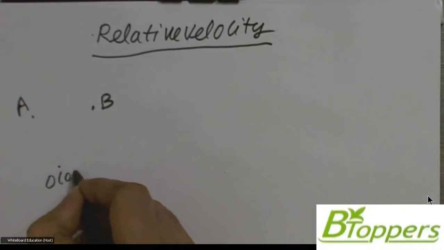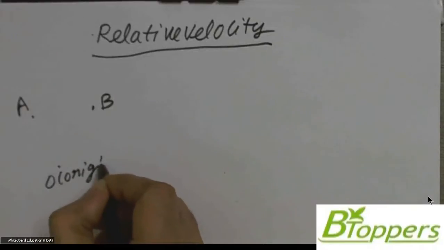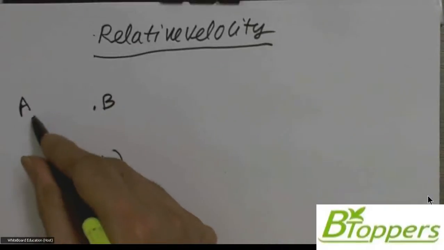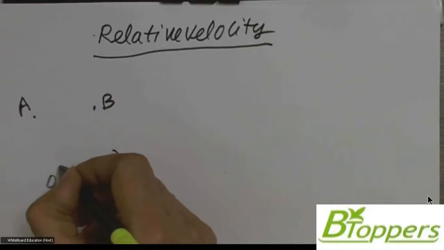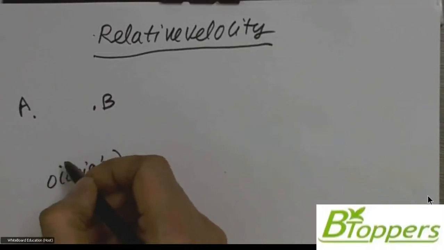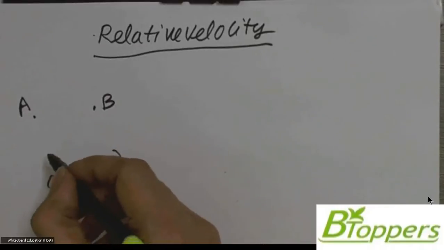Let O be the origin of the fixed coordinate system, or O represents the position of a stationary observer on the earth who is at rest with respect to the earth.